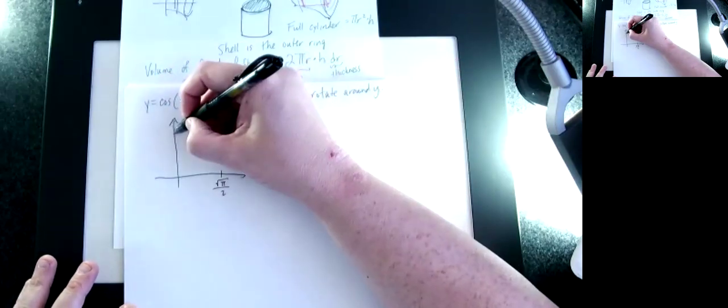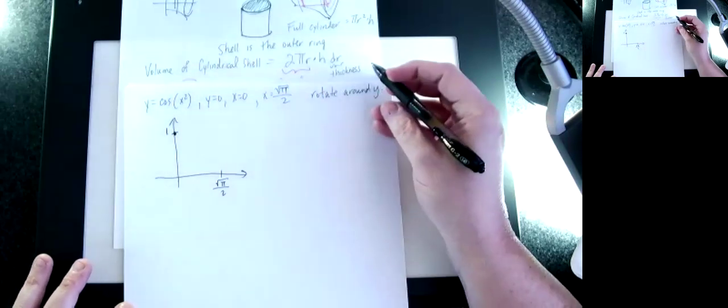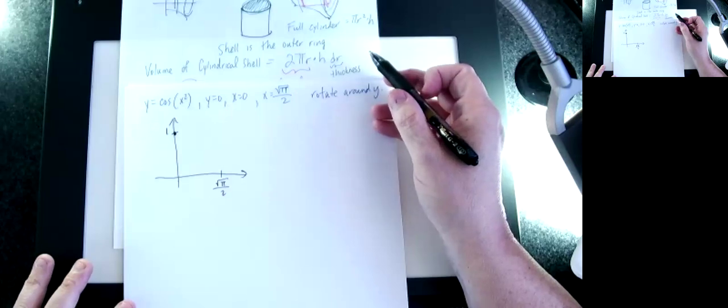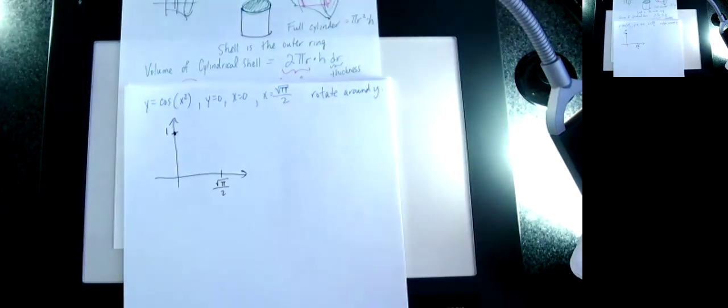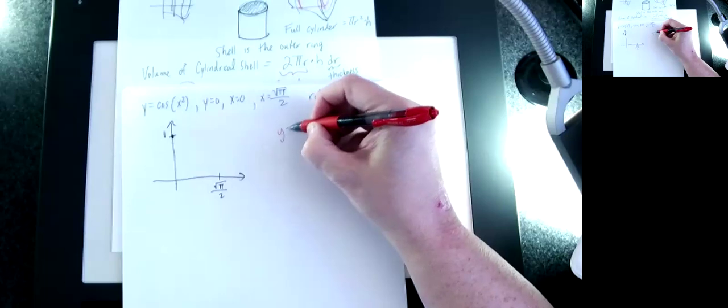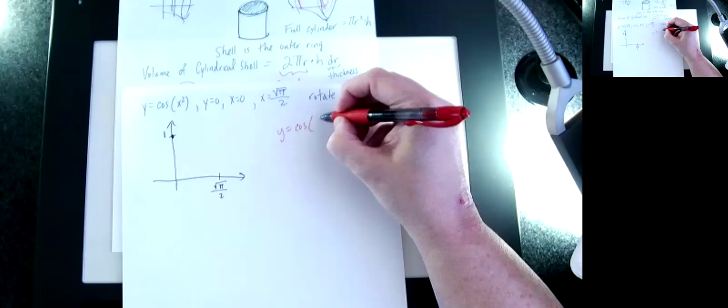And I know if I stick in x equals 0, y equals 1 is the top. If you're curious what's going on here, how far does cosine go down? What's the y value at x equals square root of pi over 2?